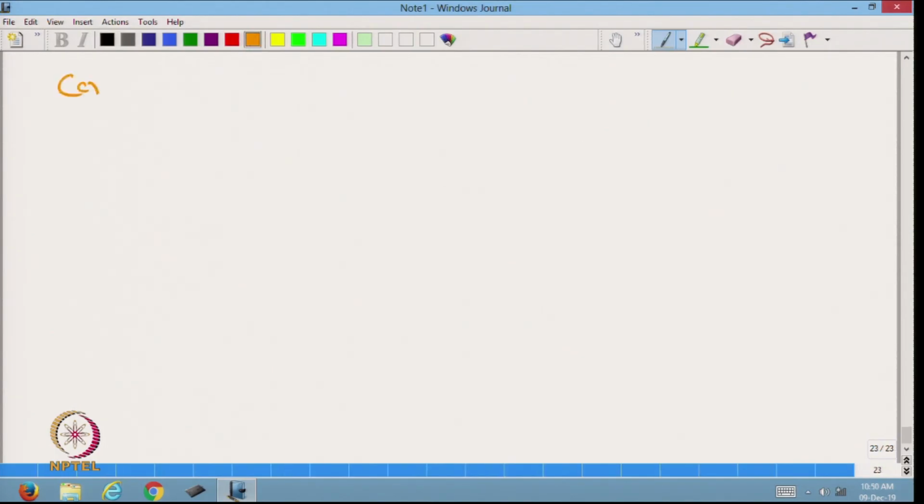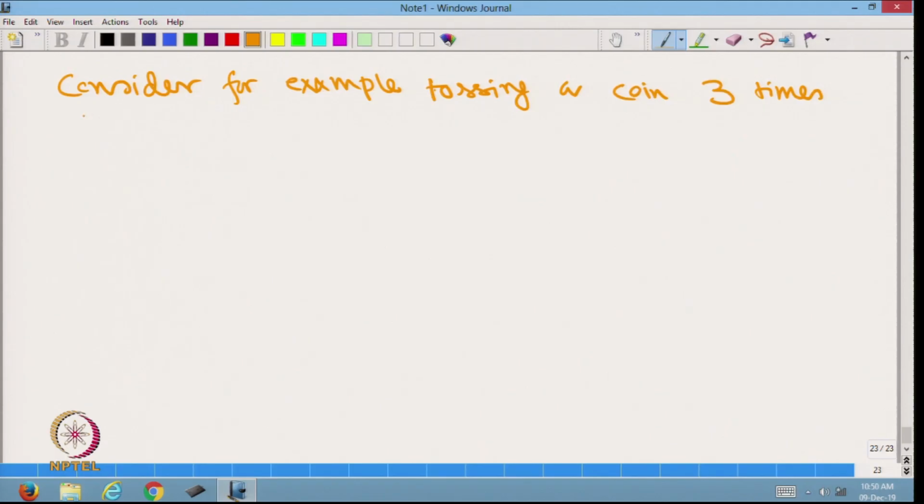Consider, for example, tossing a coin 3 times and noting the outcomes. So, let us look at it first from the following perspective.